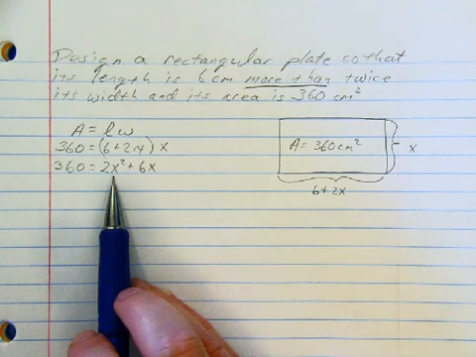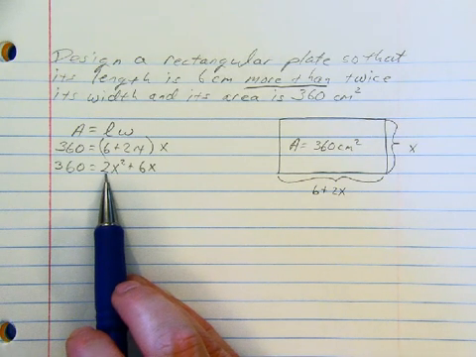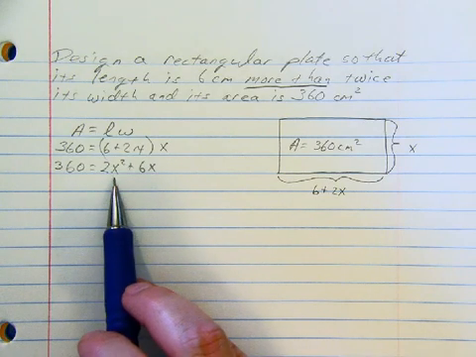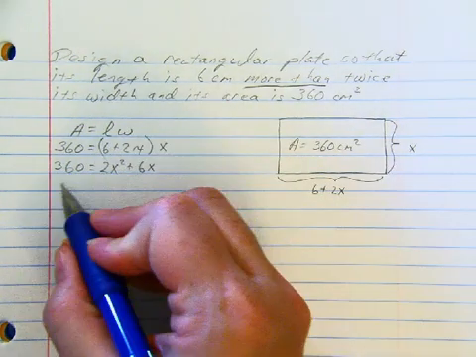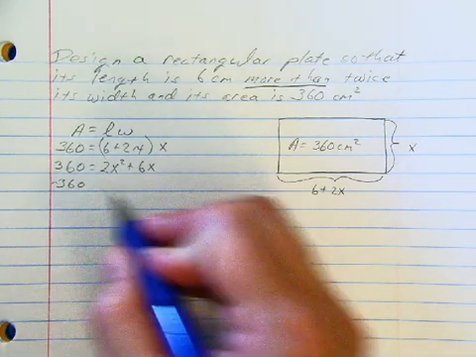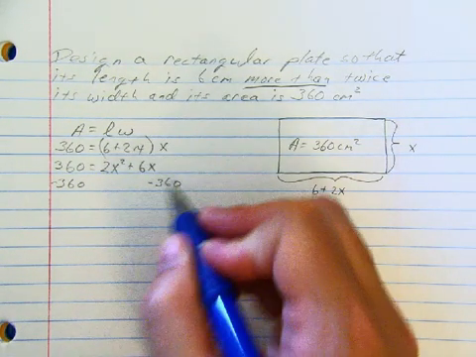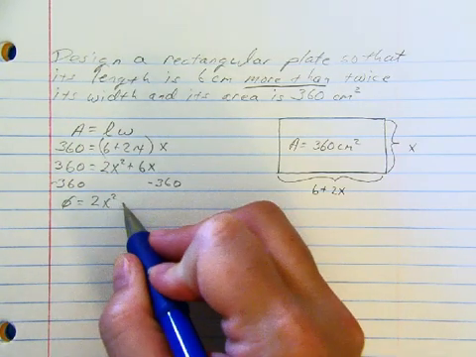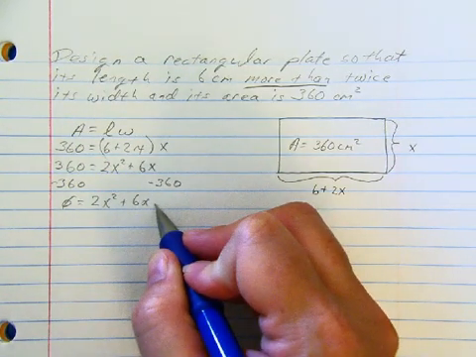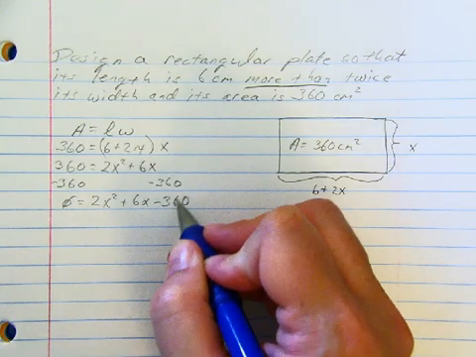For this one, again, we want it in the format of ax squared plus bx plus c equals 0. So we're going to subtract 360 from both sides. So we get 0 equals 2x squared plus 6x minus 360.